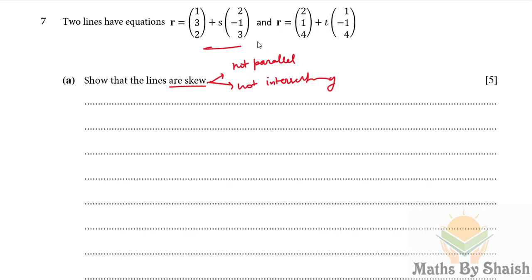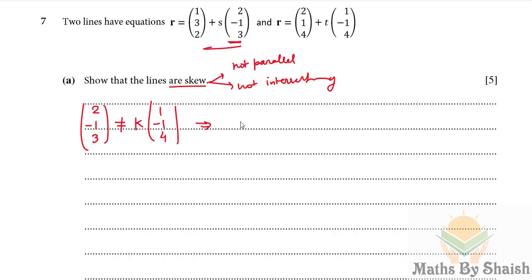First, they are not parallel, because the direction vector of the first line, (2, -1, 3), we cannot write as a multiple of (1, -1, 4). So we can never write it, we can't find any case where they are the same.